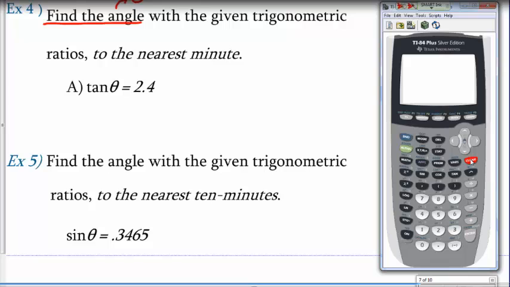Simply put, what we need to do is take the inverse of tangent to both sides. What this leaves us with is a theta that is equal to the inverse tangent of 2.4.